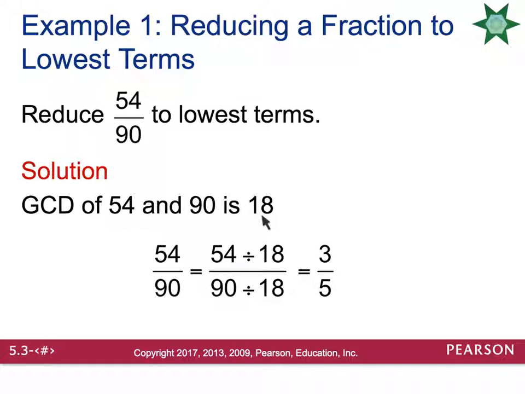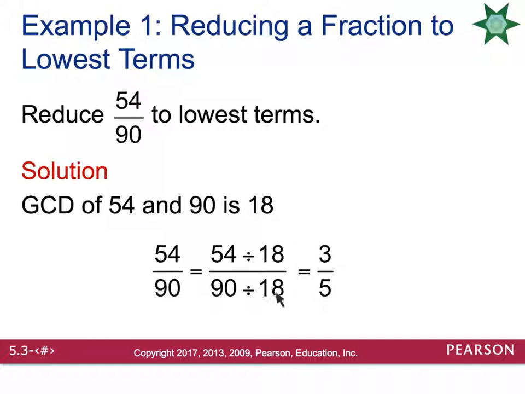If we do our factor tree like we did before in section 5.2, we would find that the greatest common divisor of 54 and 90 is 18. That's the biggest number that goes into both 54 and 90. So if we take 54 and divide by 18, we get 3. And if we take 90 divided by 18, we get 5. So reducing this 54 over 90 into lowest terms would be 3/5.